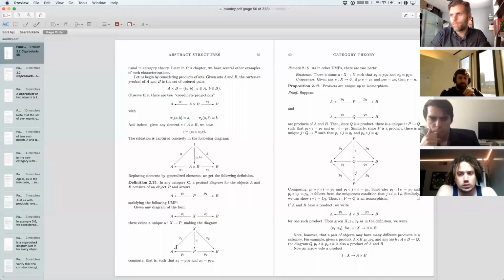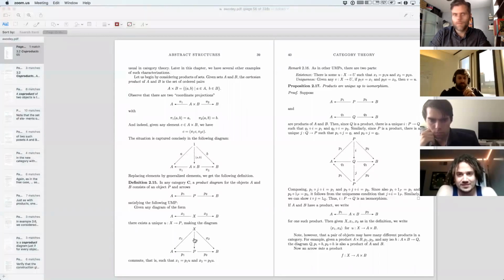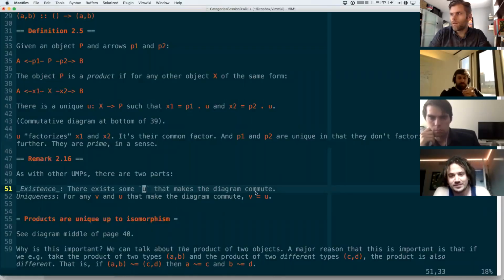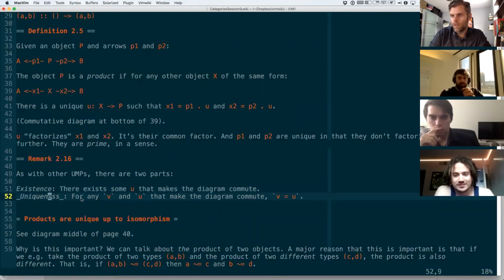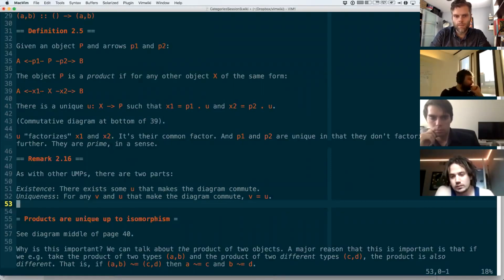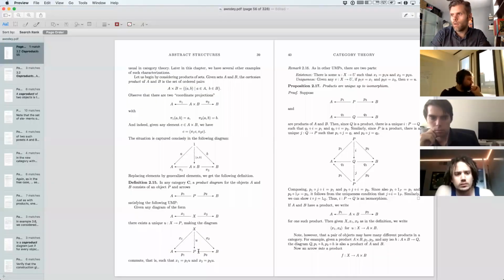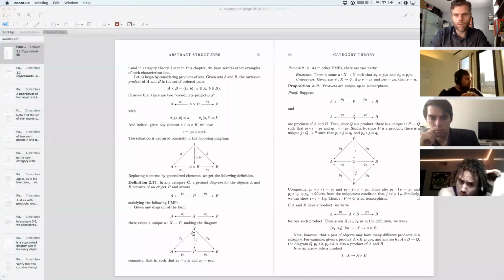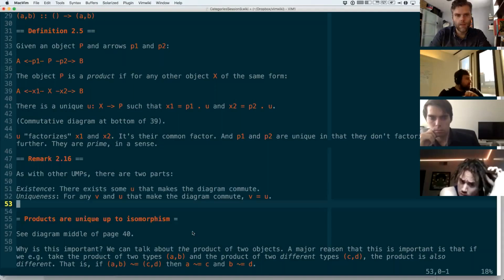The diagram at the bottom here on page 39. So there exists some U here in the middle for every X. And then there is a uniqueness which says that for any two arrows V and U that both make the diagram commute like that, they are in fact the same arrow. Right? So there's only one such arrow that makes the diagram commute. For any given X, there exists one, and it is a unique one. Right? Uniquely determined by X, A, and B.